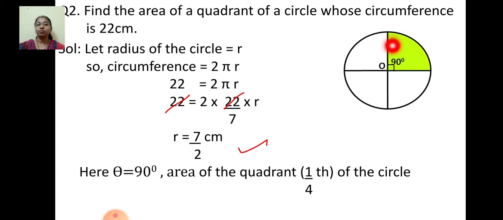This is one way. Or this quadrant is nothing but 1/4 of the complete circle, so you can apply the formula for area of a circle and divide it by 4. Both ways are correct. You can choose any method whichever you find easy. So what I have done, I have taken the area of a circle and divided by 4.